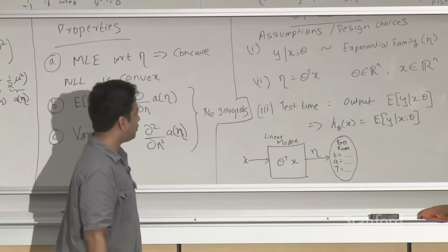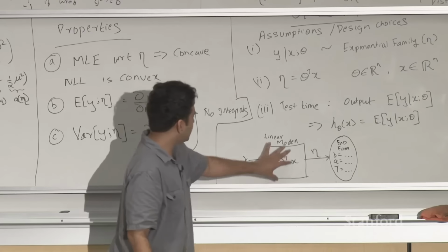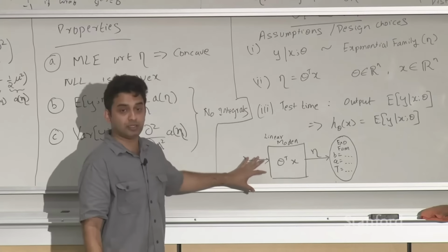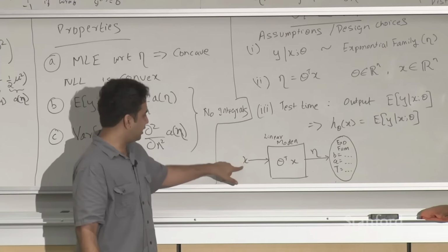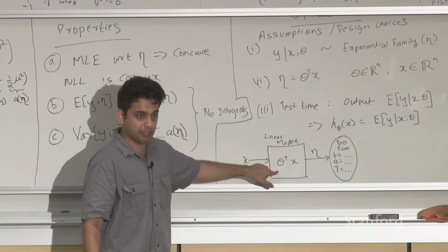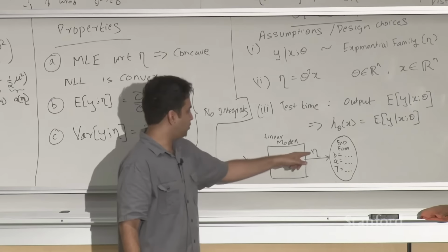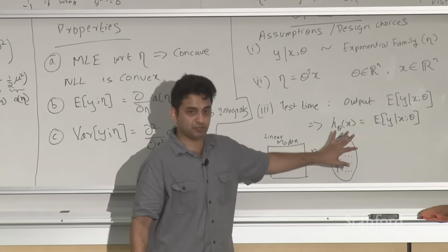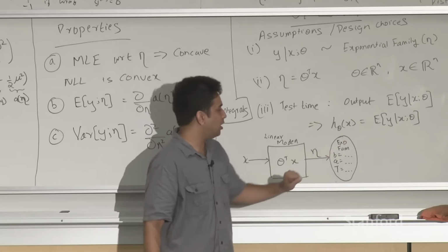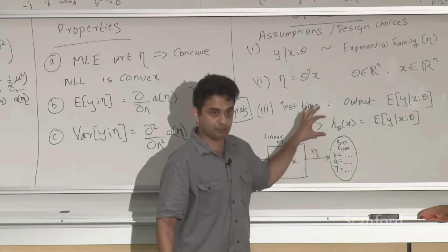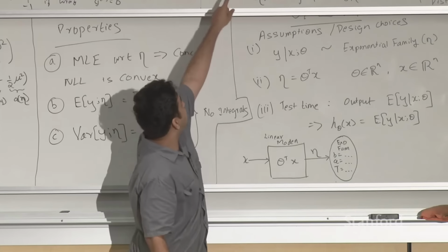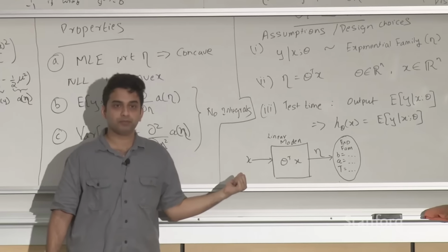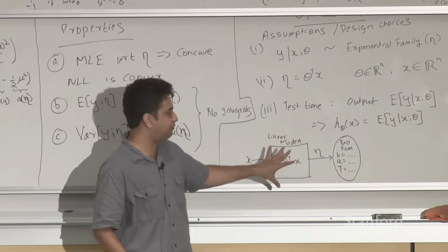One way to think of this is there is a model and there is a distribution. The model we are assuming to be a linear model: given x, there is a learnable parameter theta, and theta transpose x will give you a parameter. This is the model, and here is the distribution. The distribution is a member of the exponential family, and the parameter for this distribution is the output of the linear model. This is the picture you want to have in your mind.